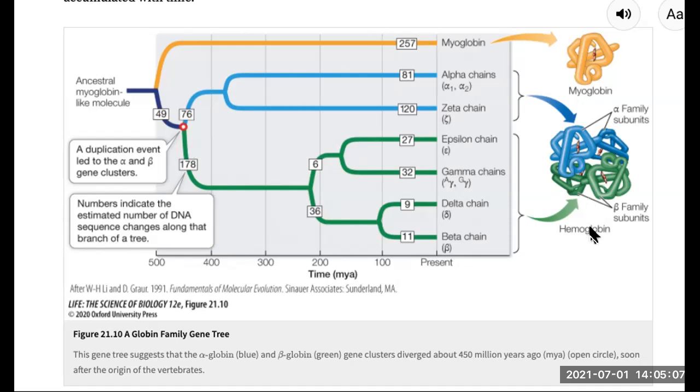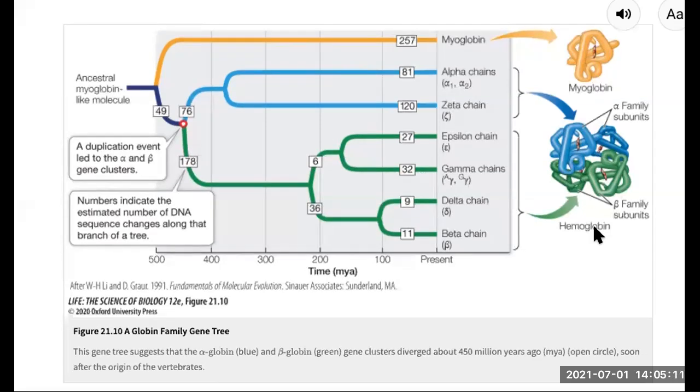hemoglobin are very similar, but they have slightly different functions. As we could see, hemoglobin is made up of 4 subunits, myoglobin is made up of 1. And so this will lead to them having slightly different functions, in particular because they have slightly different affinities for oxygen.